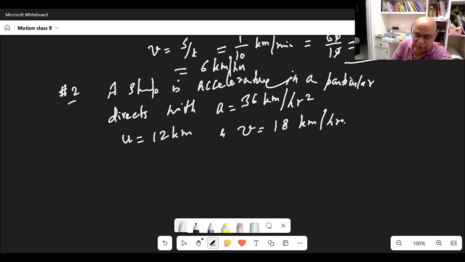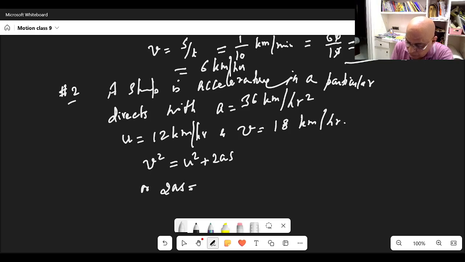Period means from u equal to 12 kilometer per hour to 18 kilometer per hour. So we know that v square is equal to u square plus 2as, or 2as is equal to v square minus u square, which we can write as 18 squared minus 12 squared.